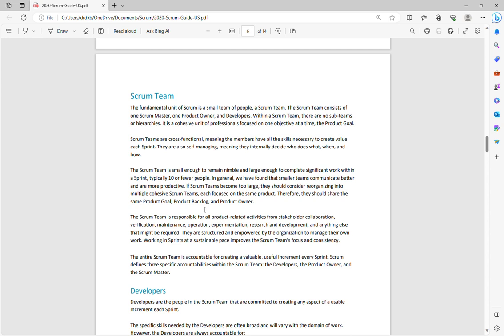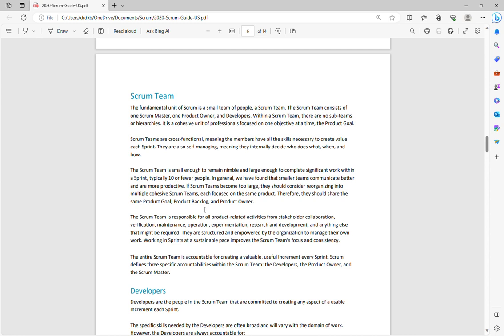All of them will together work towards the same product goal, and they'll have the same product backlog and the product owner, but the sprint backlog would be different, and whatever increment they generate as part of those sprints, they will integrate in the Scrum of Scrums. So that is what is suggested here.